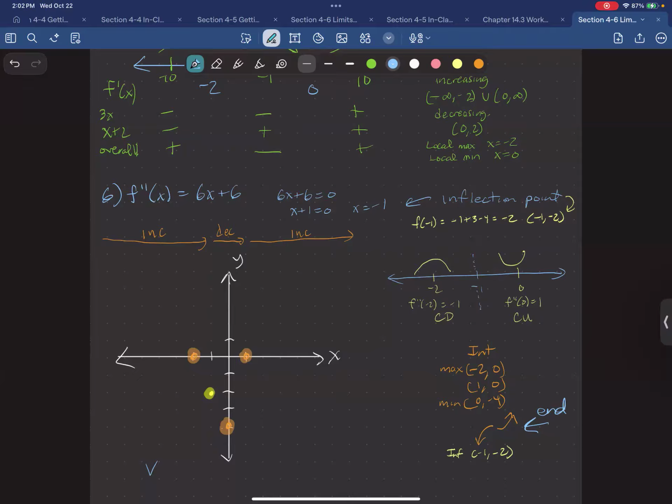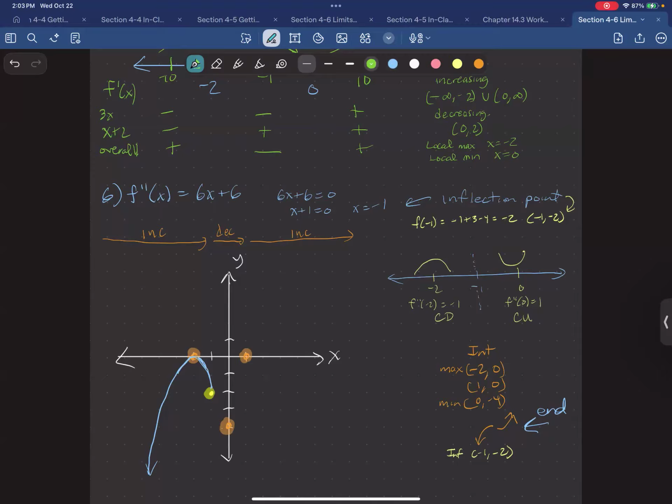I know -2, 0 is a max. So if it's going down to the left, it's doing something like that. And it's a max, which means it's got to come back down and go down like that. The inflection point is where the curvature starts to change. So I'm going to do blue for concave down.